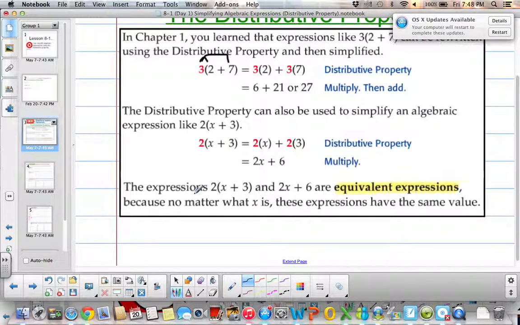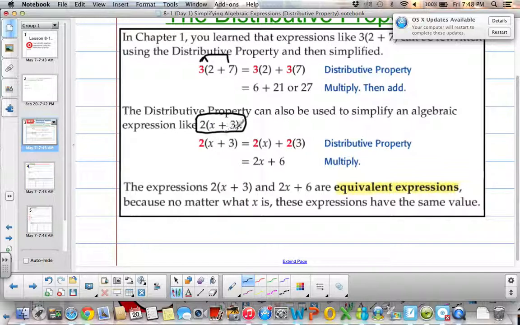Okay, we can also use the distributive property to simplify algebraic expressions. An algebraic expression, so remember an expression does not have an equal sign, has a letter or a variable in it.